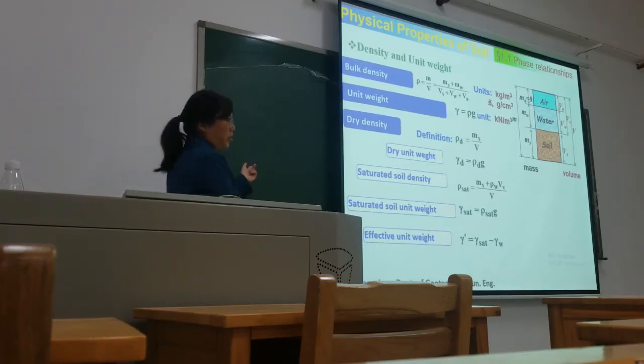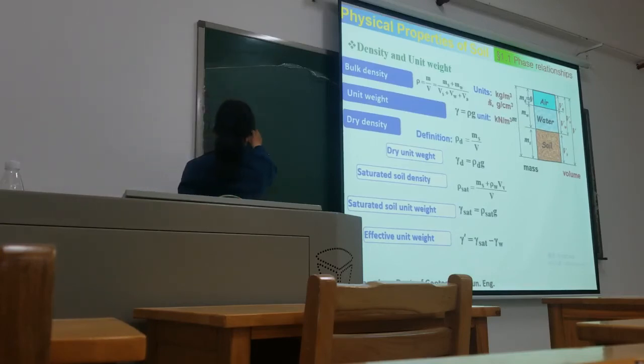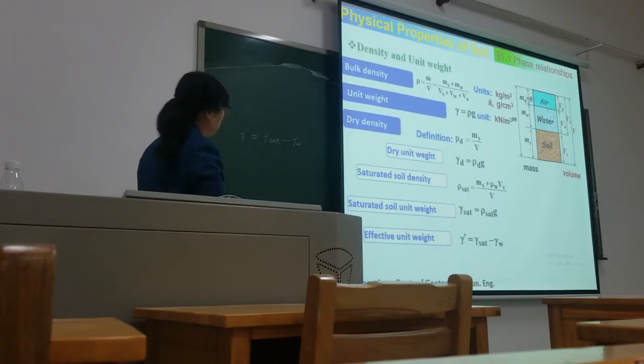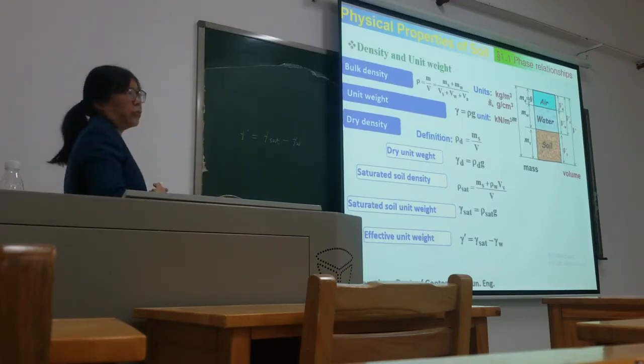In relationship, the effective unit weight equals saturated unit weight minus the water unit weight.